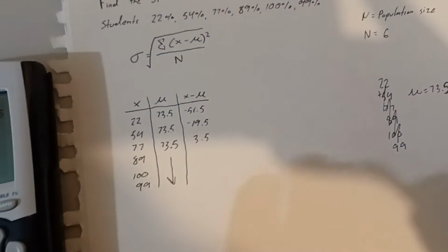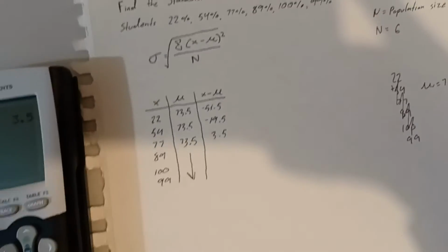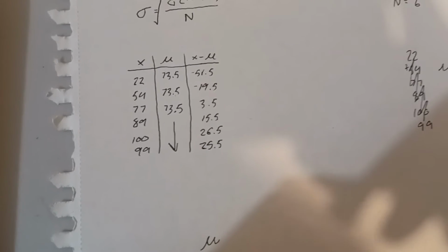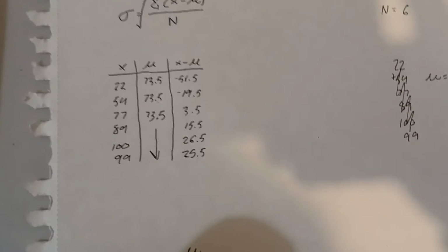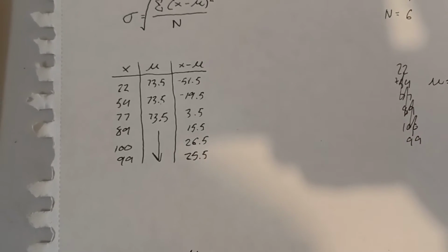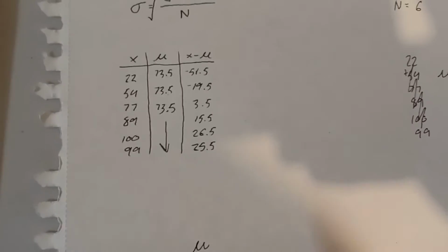So you're going to do that for all of the values, and then we'll check and see what we got. All right, so you should have gotten 15.5, 26.5, and 25.5 for the rest of the values. So this is our third column, x minus mu of 73.5.